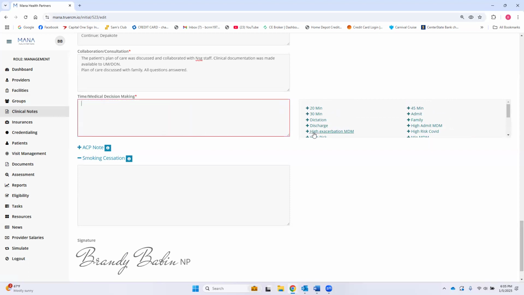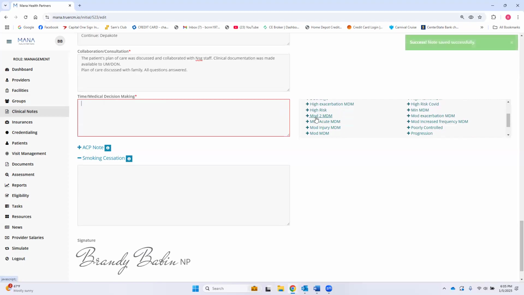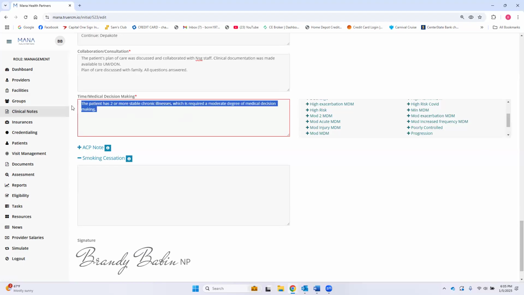If this was not an admit and you were not using time, there are two different sets. There's a moderate risk and a high risk. So this could be a high risk with an exacerbation, a moderate risk with two or more stable chronic illnesses. So if you don't know which snippet to use, click one of them.